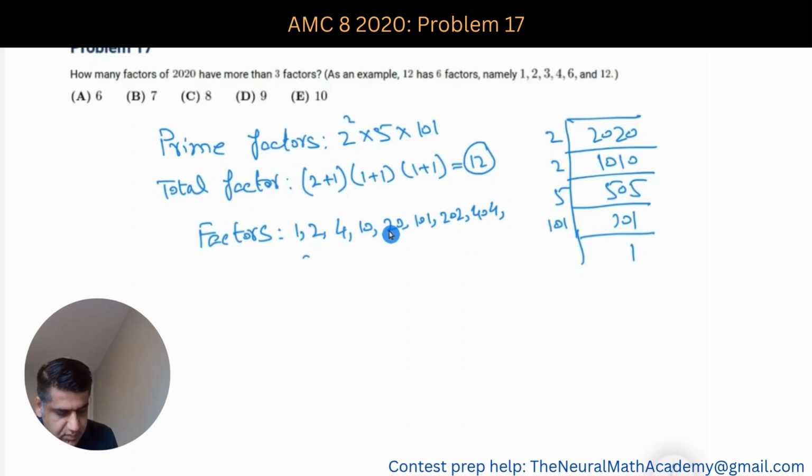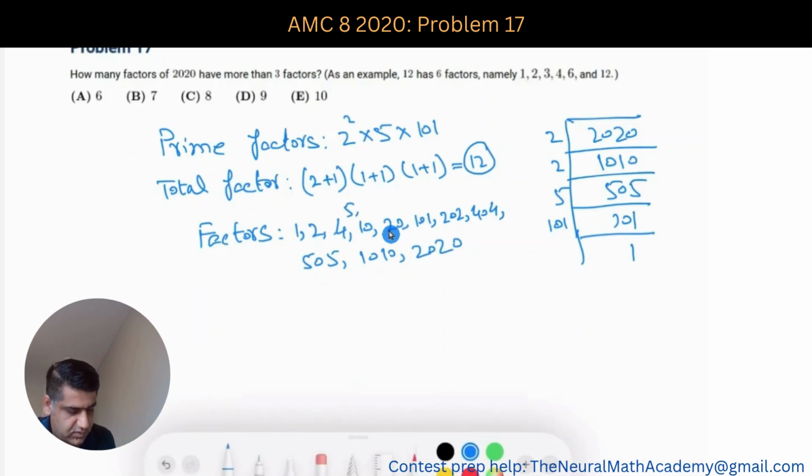Similarly, I will have 505, 1010, and 2020. So let me count 1, 2, 3, 4, 5, 6, 7, 8, 9, 10, 11. So I think I missed one. 1, 2, 4... Oh, sorry, I missed 5. Okay, 5 was one of the factors. So now the total is 12 factors.